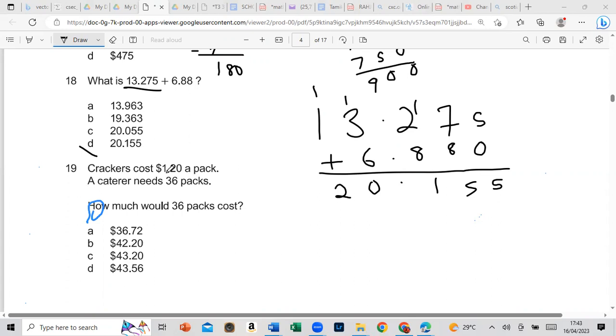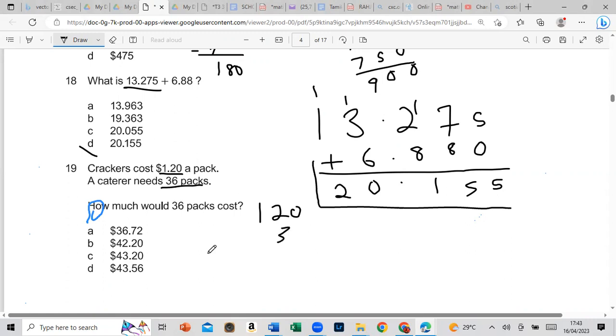So all we have to do, guys, is simply this: if one pack costs this and we get 36 packs, just multiply it by 36. We can temporarily change it to a whole number, so we will now have no decimal. Multiply 36 by 120. 6 times 0 is 0, 6 times 2 is 12, we carry 1. 6 times 1 is 6, plus 1, 7, so 720. Now we're multiplying by 30, so we put a 0 to hold the space. 3 times 0 is 0, 3 times 2 is 6, 3 times 1 is 3.